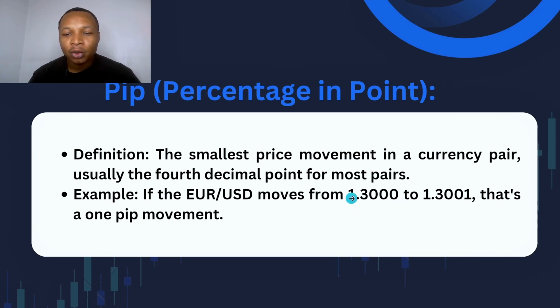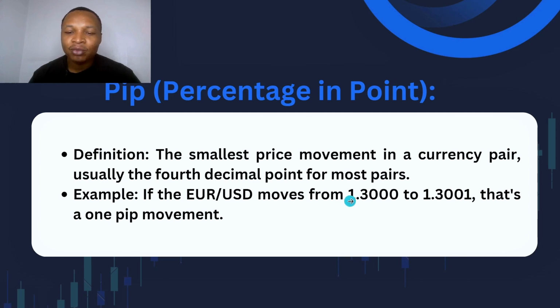Similarly, when it does a movement from 1.3000 to 1.3050, we say there is a 50 pips movement in price, or there's a 50 pips difference in price.